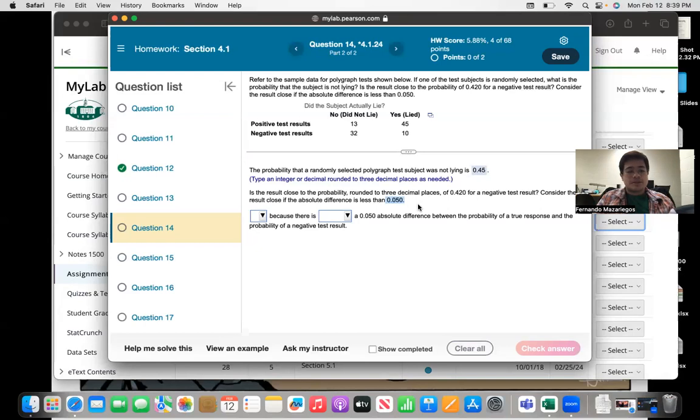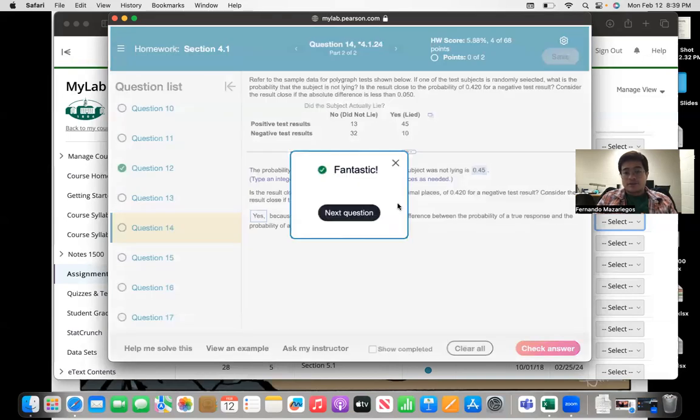The result is 0.03. Is 0.03 less than 0.05? Yes. So yes, because there is less than 0.05 absolute difference between the probability of a true response and the probability of a negative test result.